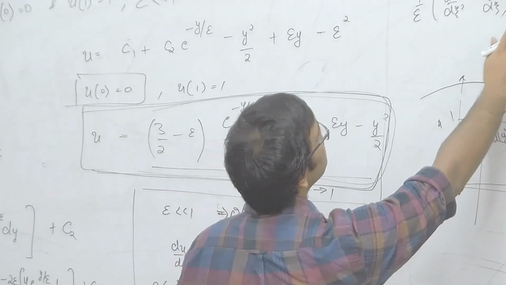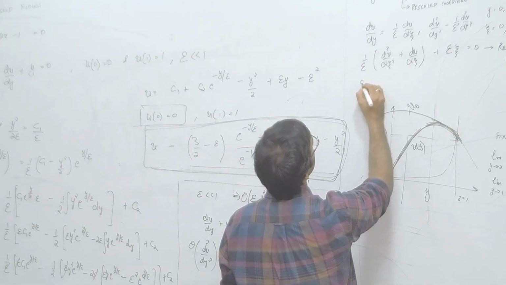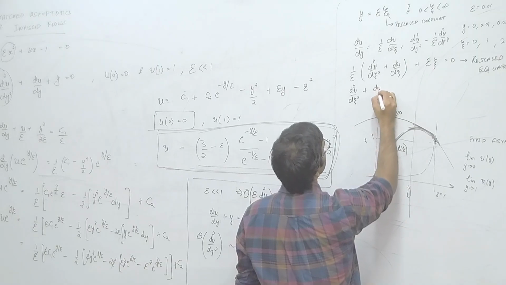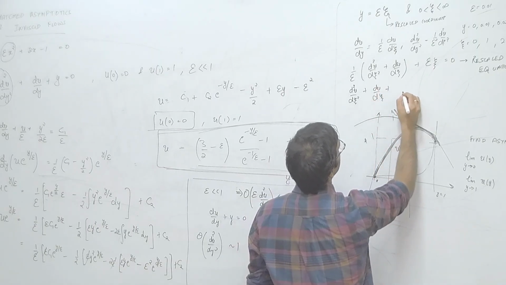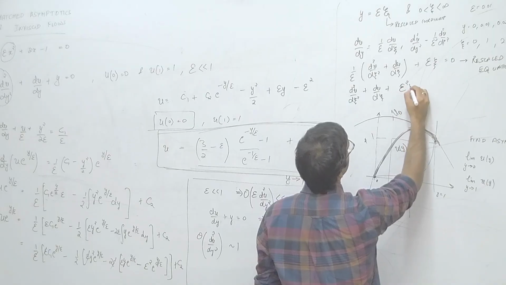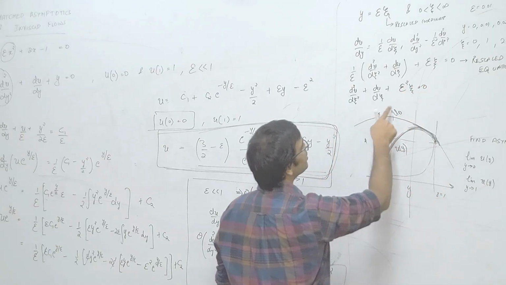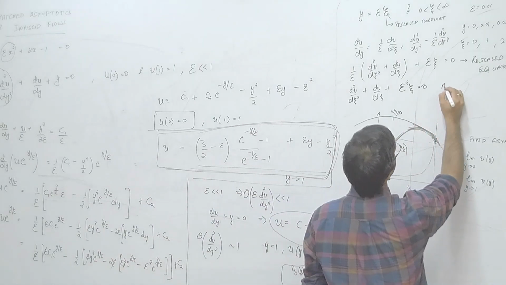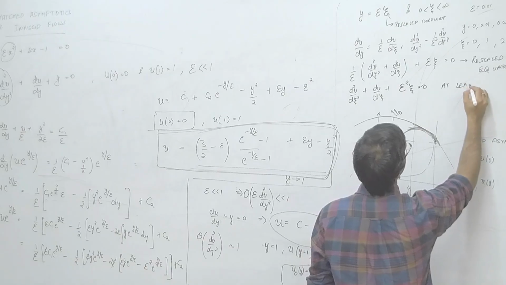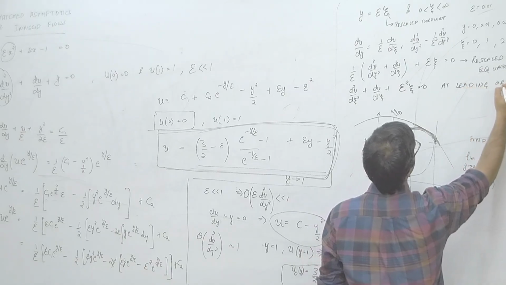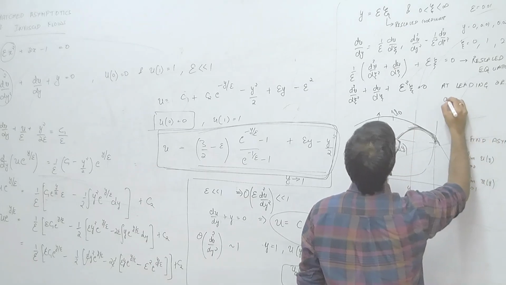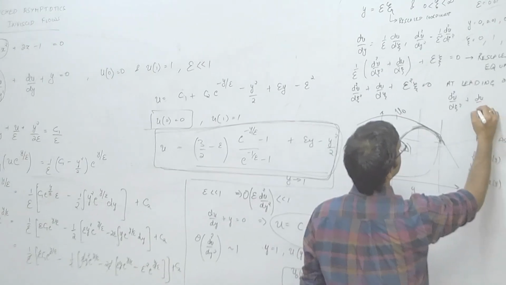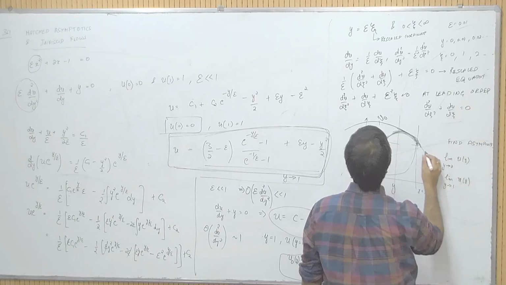So, this is your rescaled equation, and now what we will do is we will solve this equation at the leading order. So, at leading order we have d2u by dc square plus du by dc equals 0.